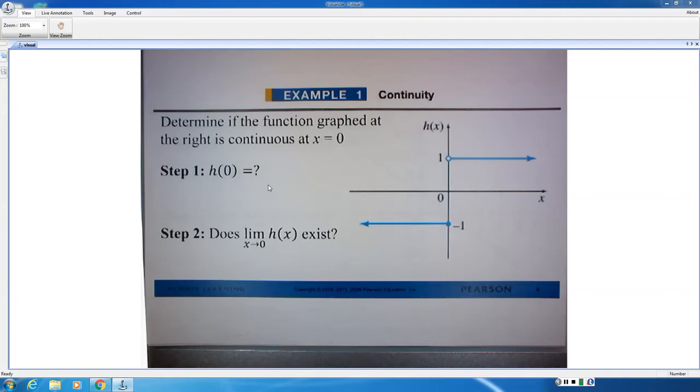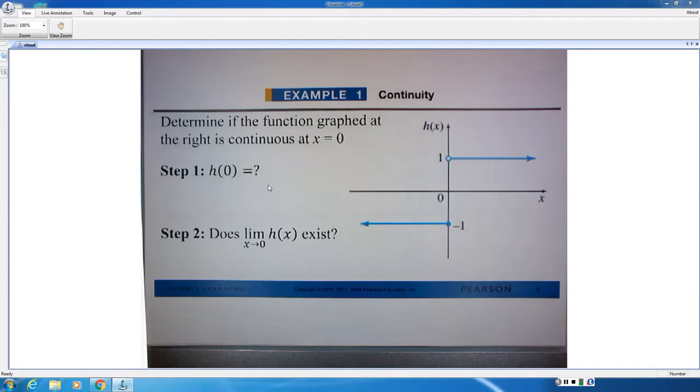Here's a function, h of x. We're looking at h of x where x is equal to 0. What is the value of h of 0? Is it defined? Yes, h of 0 is defined.